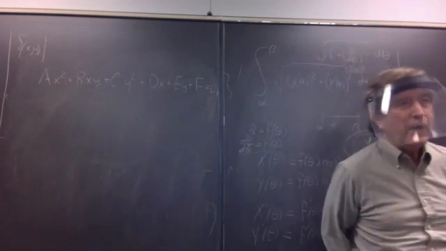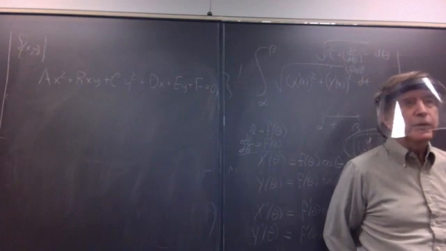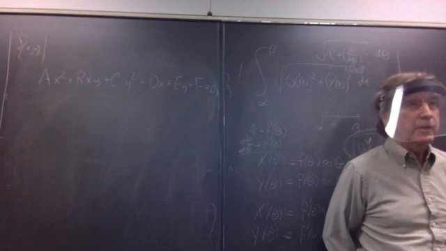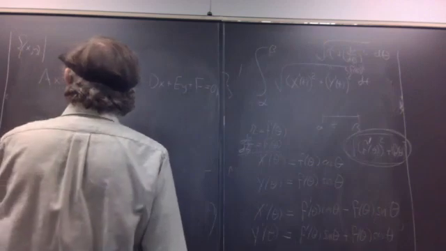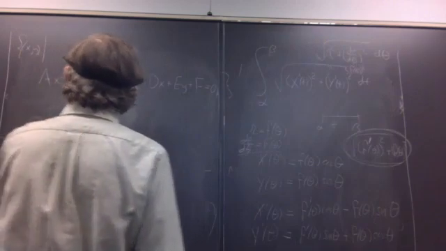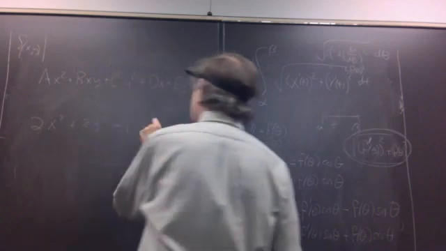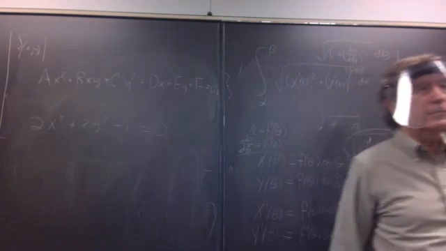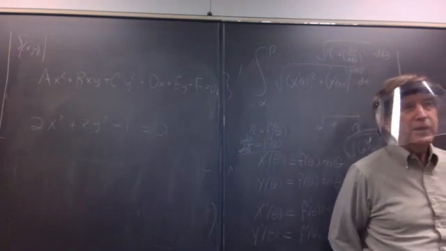What kind of graph do you get if you choose A, B, C, D, E, and F? For example, suppose I choose 2x squared plus 2y squared minus 1 equals 0. What kind of a thing is that? I think you should recognize that as a circle.